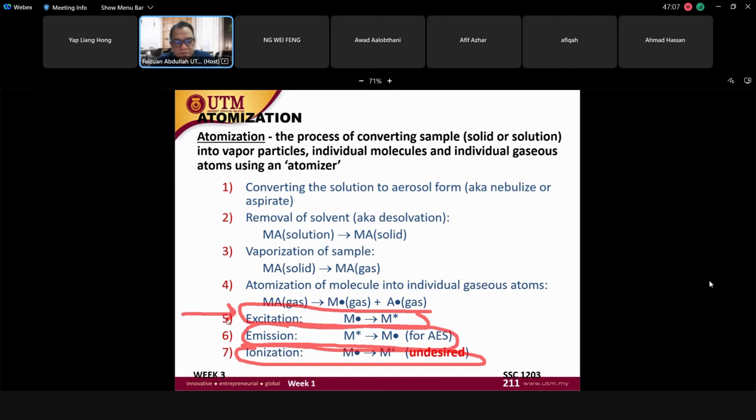When the light source produces radiation and excitation happens, the atoms absorb the energy and the detector will detect the loss of energy. It is different for AES, which is emission. The measurement does not involve absorption of any energy, but just measures the emission of energy after the excitation stage. So this emission of energy is measured for the AES instrument.